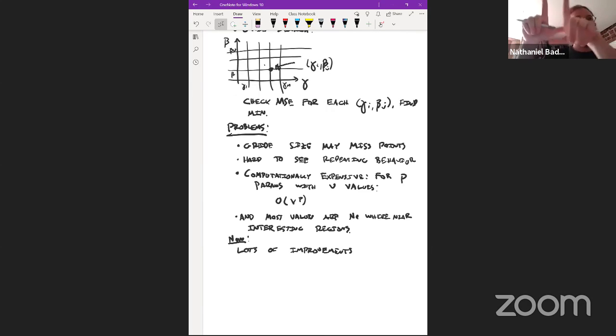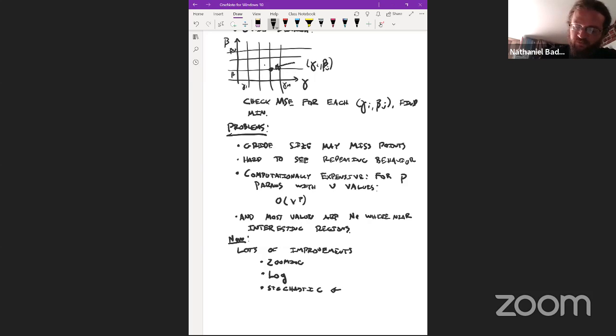For instance, you could have a shrinking, zooming, targeting grid. You can have a log-based grid search, where instead of doing some sort of uniform thing, you do a log thing to set your variables. You can do stochastic search, which is actually very useful. Instead of doing a grid search, you put a probability distribution on all of your parameters and you sample it many, many times.